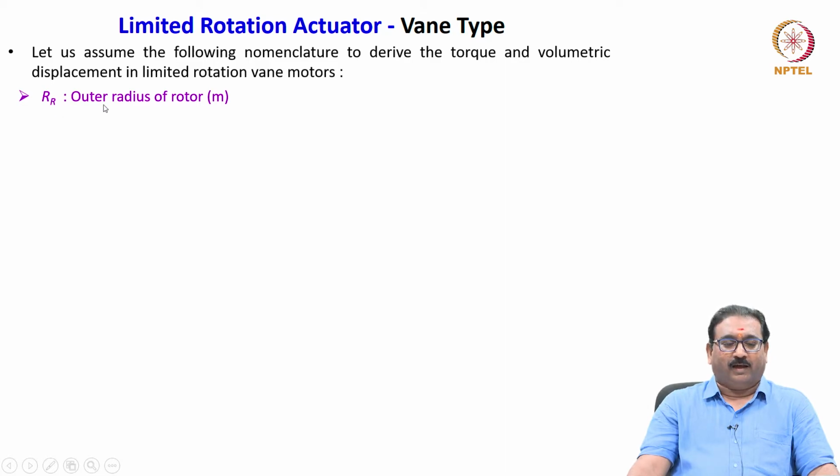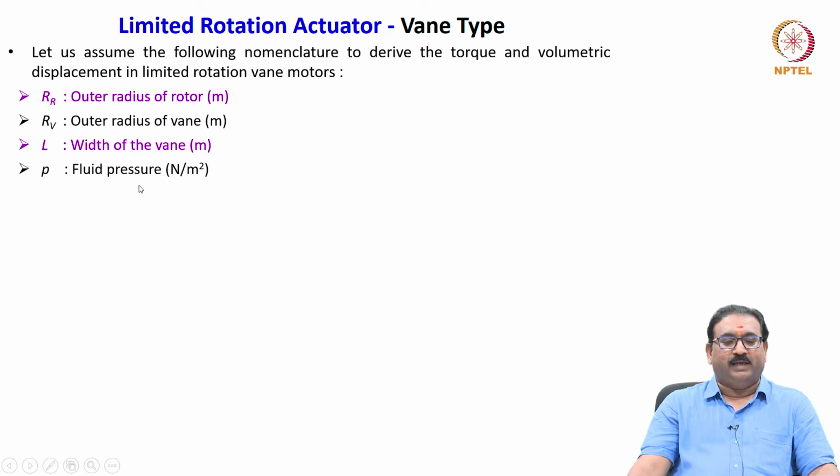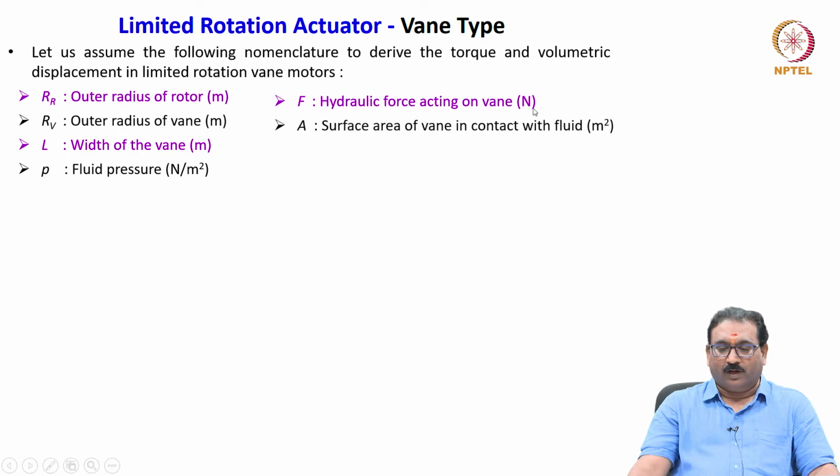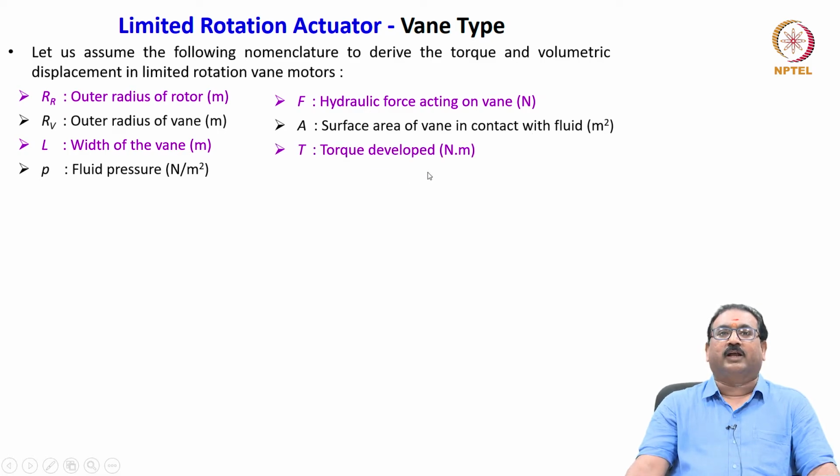RR is the outer radius of the rotor in meters, RV is the outer radius of the vane, similarly L is the width of the vane, P is the fluid pressure, then hydraulic force F on the vane is in Newtons, A is the surface area of the vane in contact with fluid, T is the torque developed.